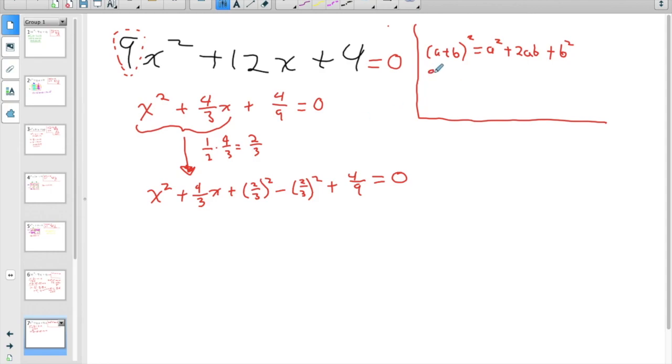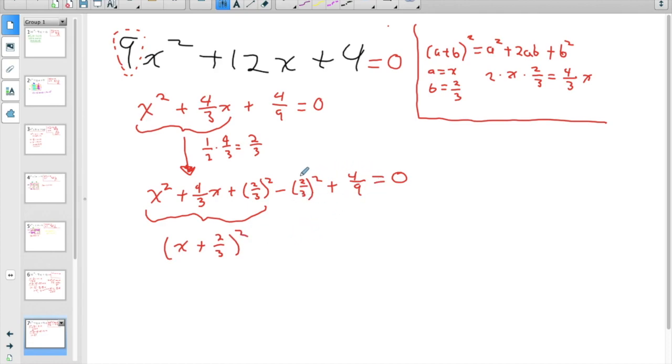Clearly, if a is x and b is 2/3, x squared is a squared, and 2/3 squared is b squared. 2 times x times 2/3 does indeed equal 4/3 x. So we can just come back and check this part out, meaning this thing, by design, factors into x plus 2/3 squared.